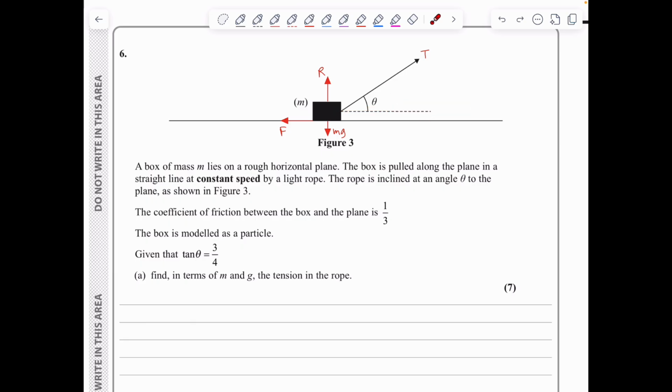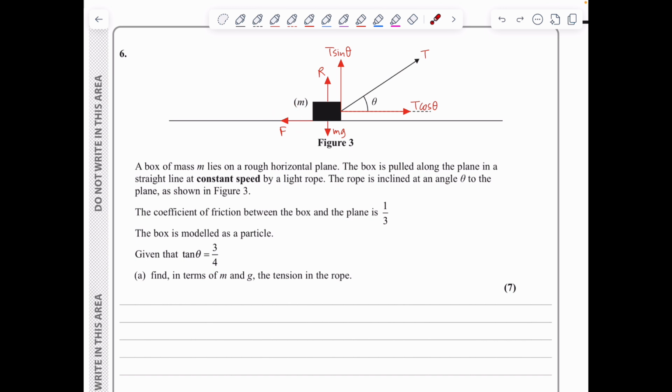And I will proceed by resolving the tension here, which is acting at an angle theta above the horizontal. The horizontal component is T cos theta, and the vertical component is T sin theta. Now we are told that the box is pulled along the plane at constant speed. This means that the friction here has attained its maximum value.